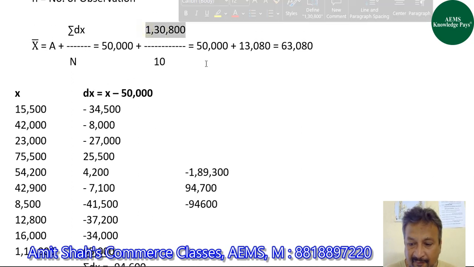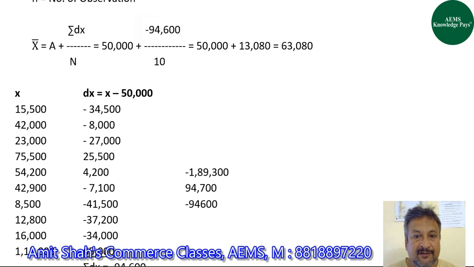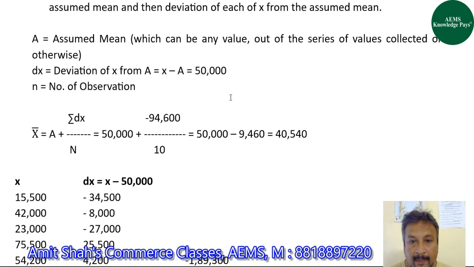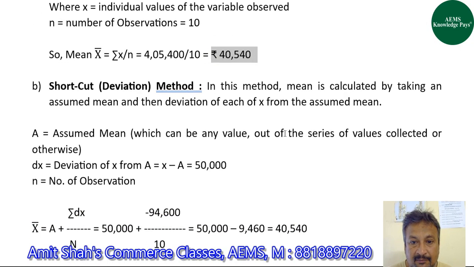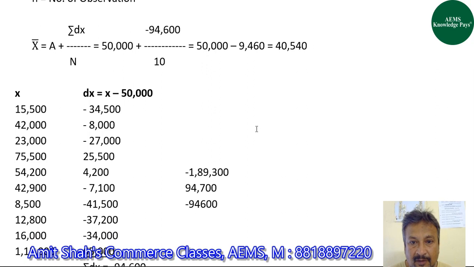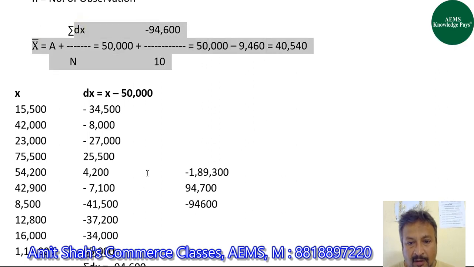So here we will have minus 94,600. So this is 50,000 minus 9,460, and that is 40,540, the one that we got earlier. Right? So guys, please correct this also, and the total also here.